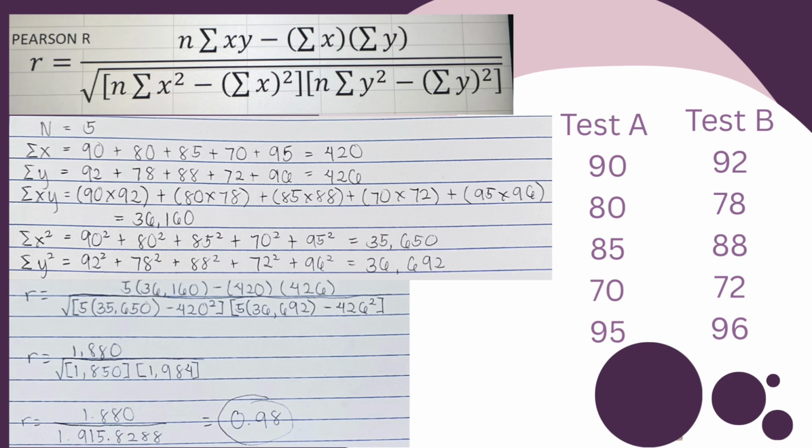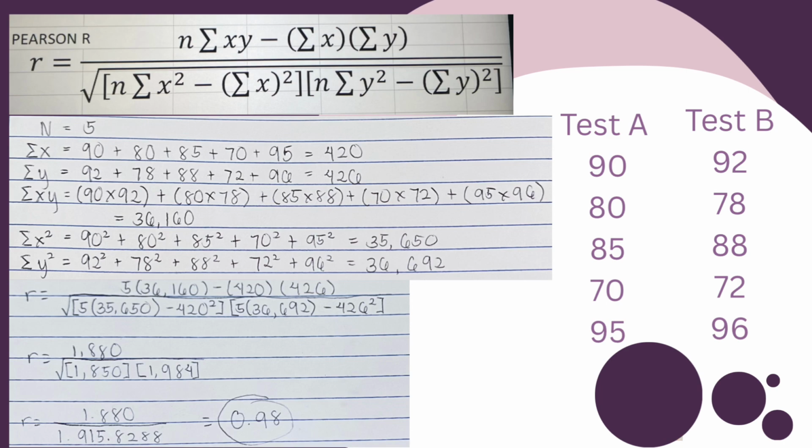As you can see in the third image, the numerator became 5 multiplied by the summation of XY minus the summation of X times the summation of Y.